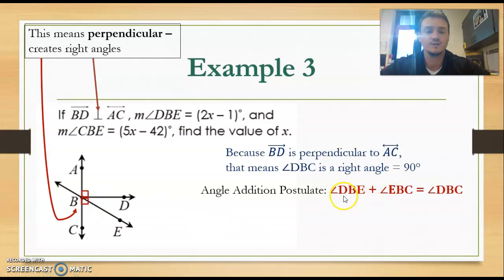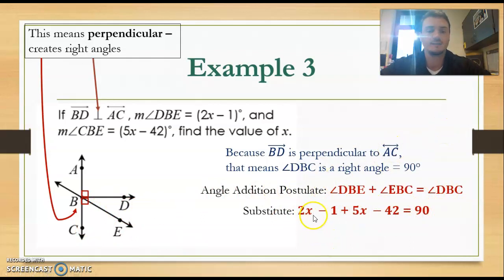So we could use the angle addition postulate to set up a problem and then substitute. DBE we know is 2x minus 1, so we substitute in. We know that EBC, or CBE, is the same angle as 5x minus 42. And then we know that DBC is 90 degrees, so we set it equal to 90 degrees, because if you add these two angles together, they have to add up to 90.